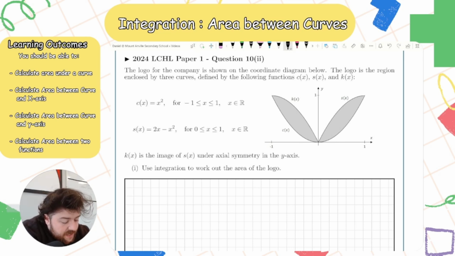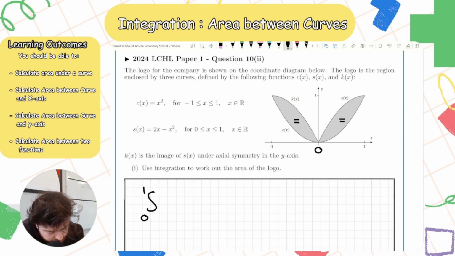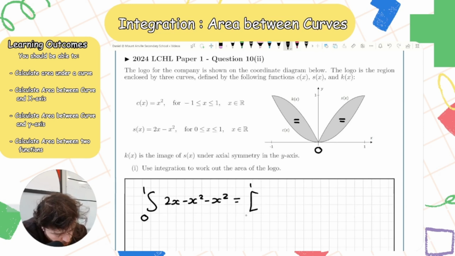So this is axial symmetry. This area will be equal to this area. So if I find the area here, I just double it. I'm integrating between 0 and 1, s of x minus c of x, so it'll be 2x minus x squared minus x squared, between 1 and 0.